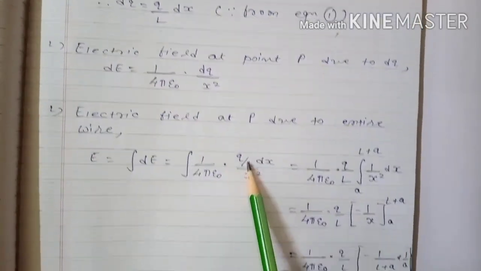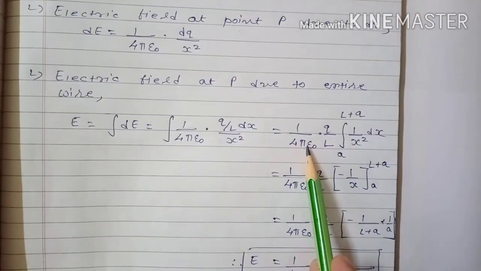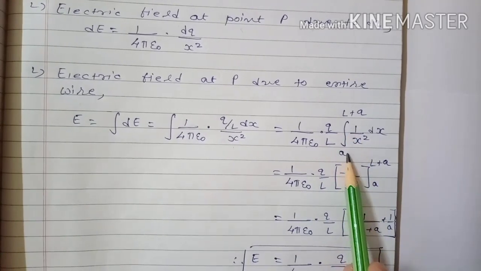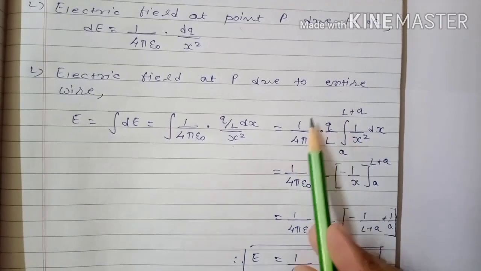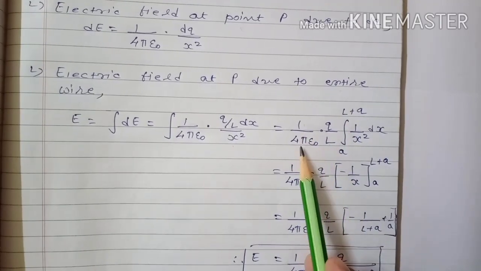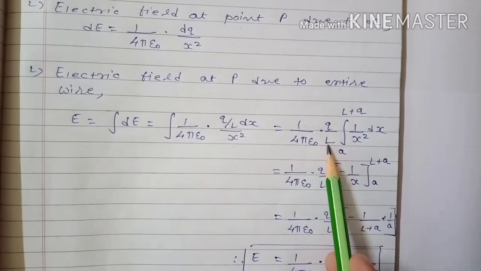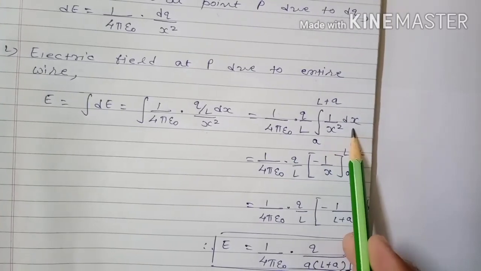So E is 1 upon 4 pi epsilon naught into Q by L, out of the integration, from a to L plus a, 1 upon x square dx. Why have we taken it outside the integration? Because 1 upon 4 pi epsilon naught is constant, the total charge of the wire is constant, and the length of the wire is constant. Integration is with respect to x.